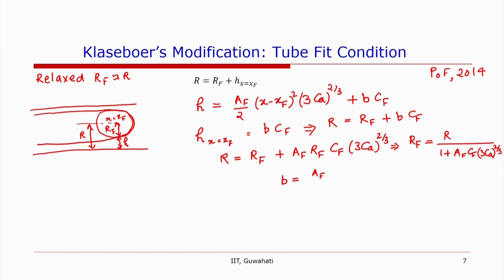So RF we substitute by R, or we can write B by R is equal to AF into 3 Ca raised to the power 2 by 3 into 1 plus AF CF 3 Ca raised to the power 2 by 3.